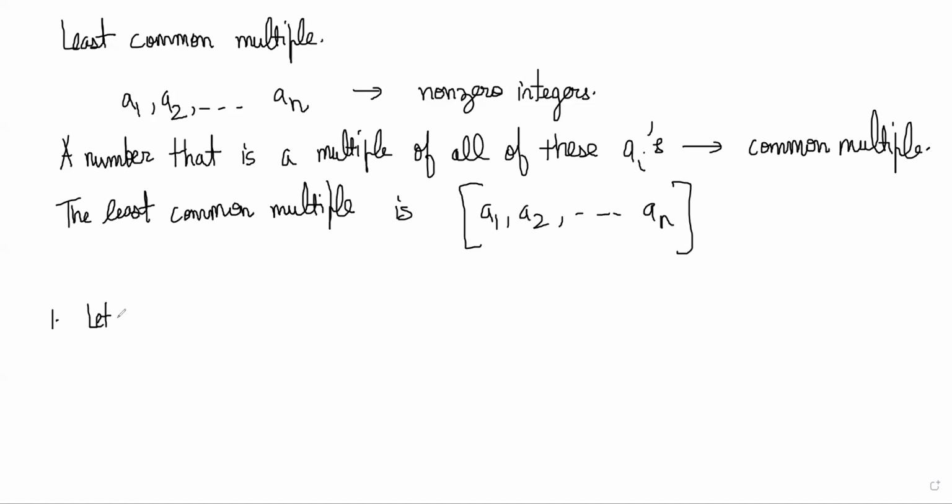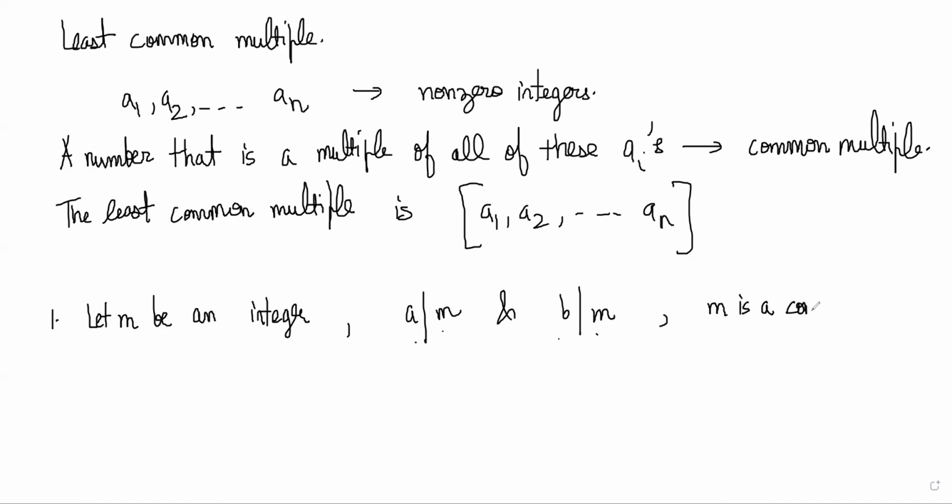But for now, we will state the following properties of LCM. So let M be an integer. A divides M and B divides M. So basically this means that M is a multiple of A and M is a multiple of B. So M is a common multiple of A and B. So what is the least common multiple?